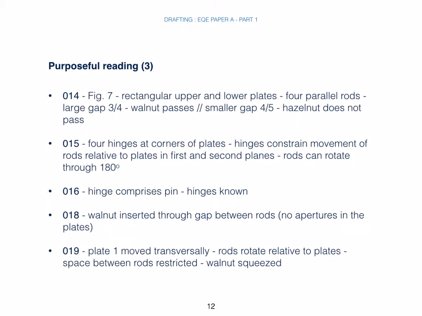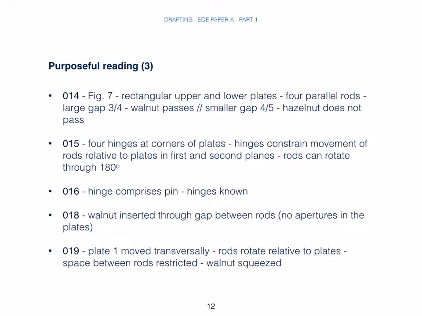The rods 4 and 5 are separated by a smaller gap through which even a small nut, such as a hazelnut, cannot pass. So for paragraph 14, I noted from figure 7: there are rectangular upper and lower plates, and 4 parallel rods with a large gap through which the walnut passes, and a smaller gap, 4, 5, through which a hazelnut does not pass.